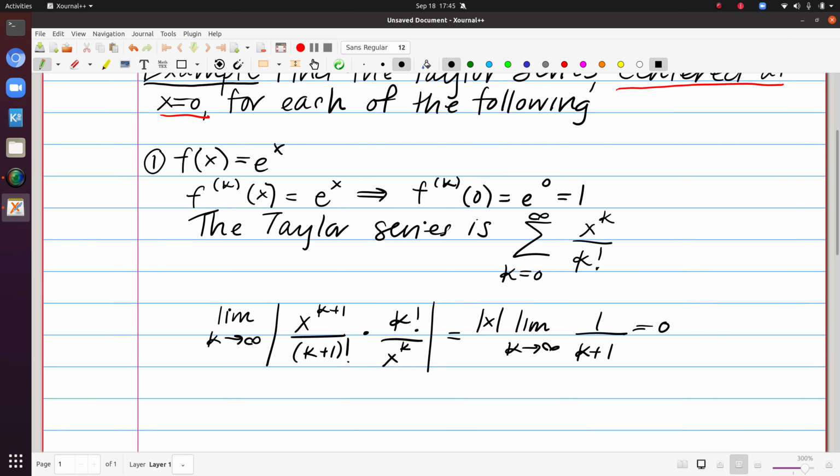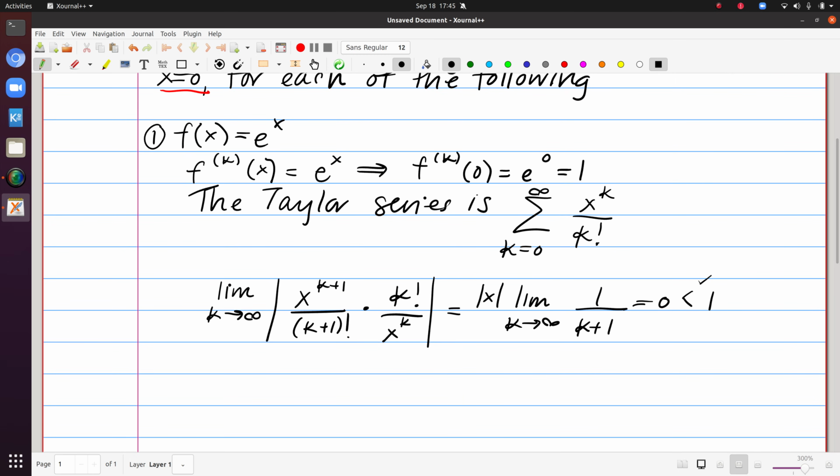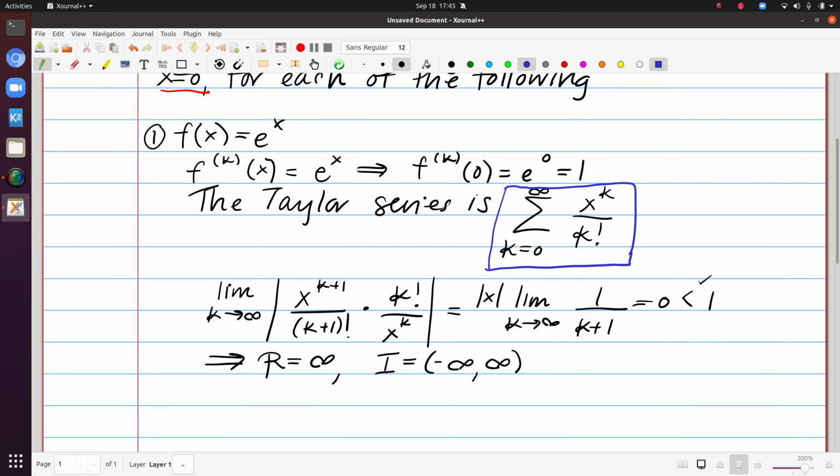So we get 0, and that's always less than 1. This means that the radius is infinity, and consequently, the interval of convergence is the whole real line. So the Taylor series for e to the x centered at 0 is this, and just a little extra, we now know the interval and the radius of convergence.